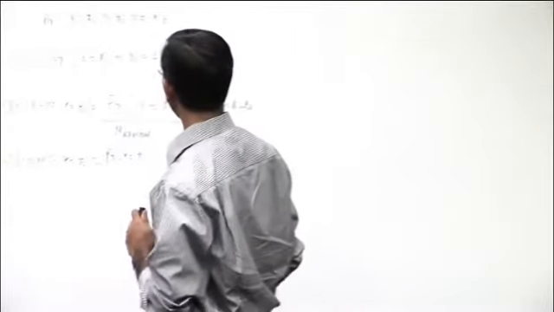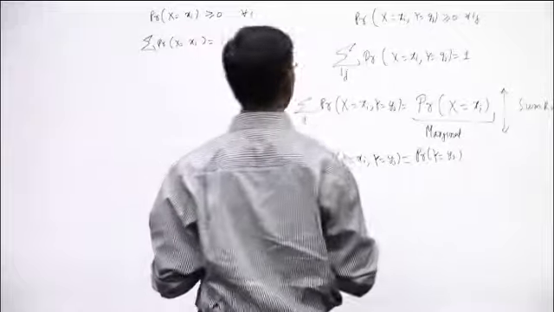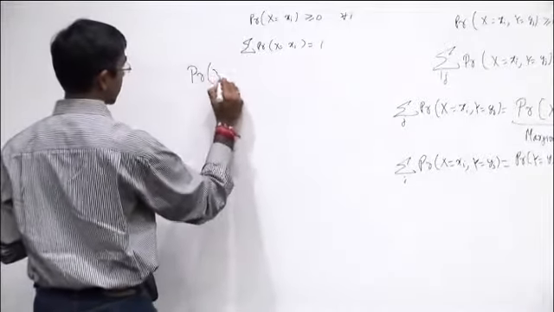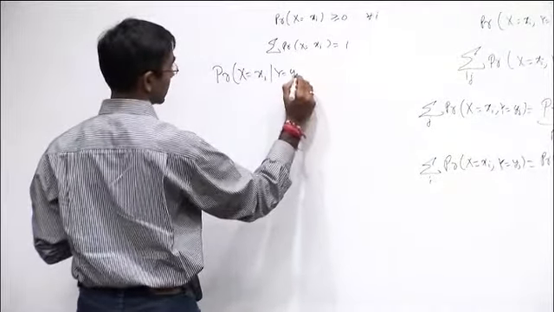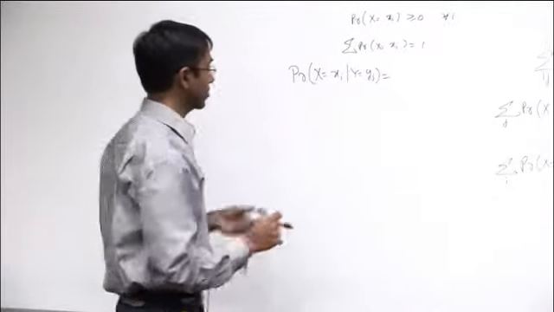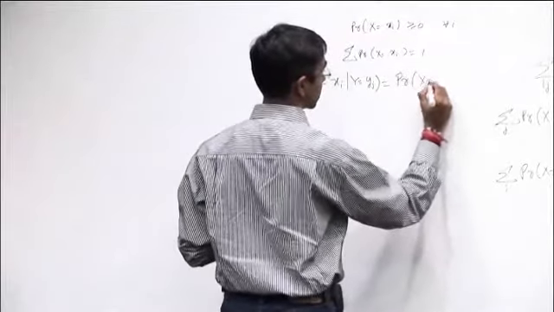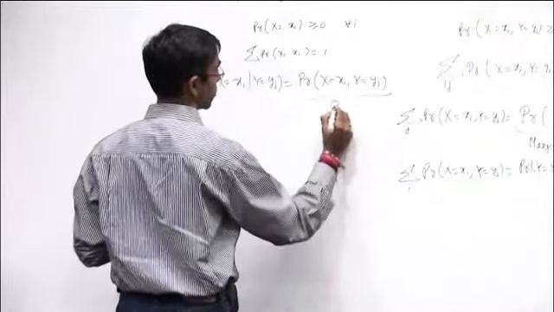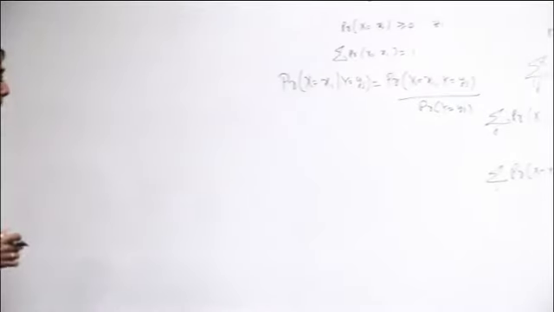Okay, so now let's look at conditional distributions. Probability of x equal to xi given y equal to yj is your conditional probability distribution given y, and we can write this using Bayes rule. This is given as probability of x equal to xi, y equal to yj divided by probability of y equal to yj. This is your marginal.